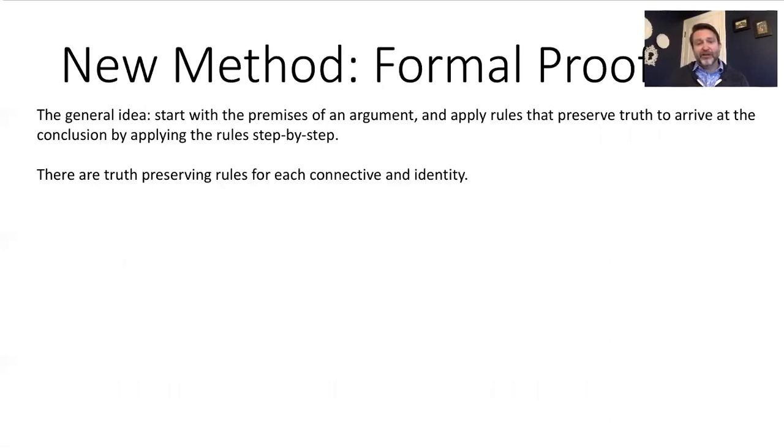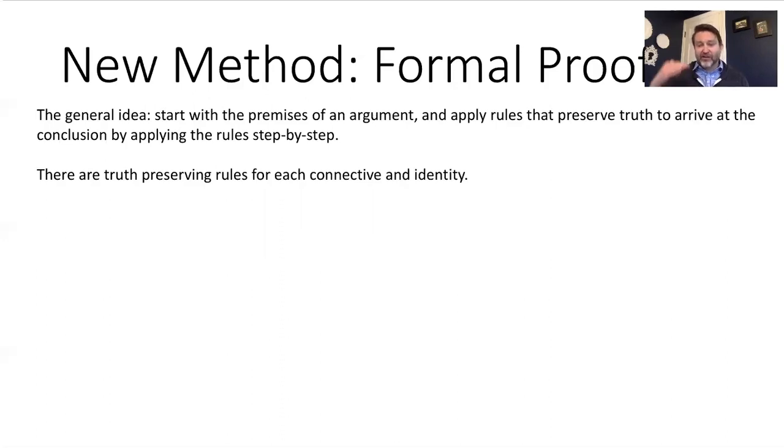And so what we do with formal proofs is we start with the premises of an argument, and we apply rules that preserve the truth value of different inferences that we draw. In other words, if we're starting from some premises supposed to be true, then our rules, which are grounded in V, our function from simple sentences to complex sentences, our function from the truth values of simple sentences to truth values of complex sentences.